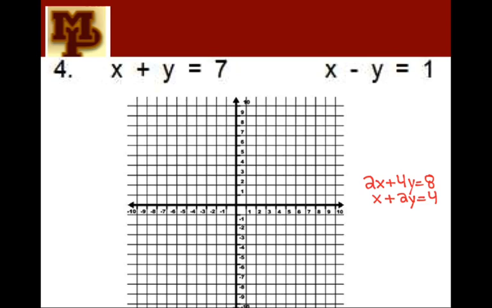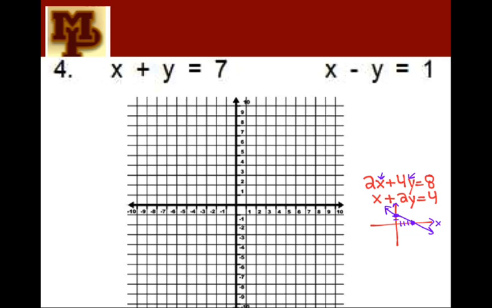You may not even notice that those are the same exact equations, same line, but if you went to graph them both, the first one would have an x-intercept, you would put a 0 in for y, and then you divide both sides by 2, so it'd be 4. 1, 2, 3, so 4 would be your x-intercept. And then the other one, if you put a 0 in for x, then it'd be 4y equals 8, and you can divide by 4, so that'd be 2. So then you'd have that line.